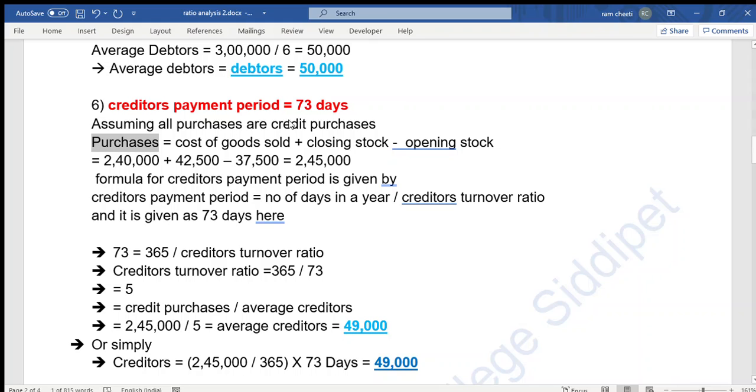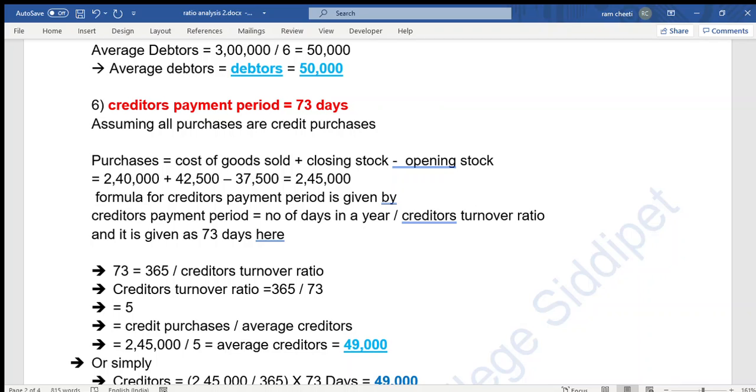Let me type here for your convenience. Actually, cost of goods sold is equal to opening stock plus purchases minus closing stock.